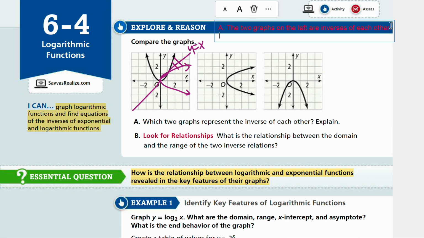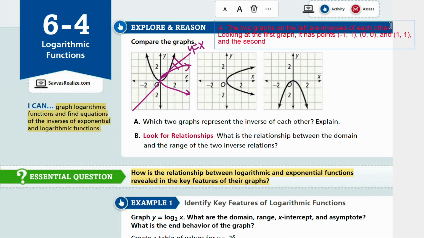Looking at the first graph, it has points (-1, 1), (0, 0), and (1, 1).